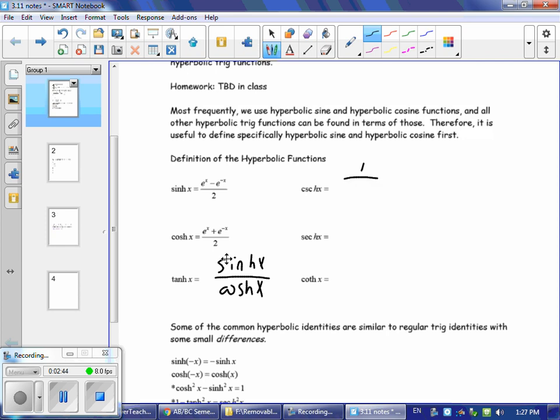I don't know how you pronounce cosecant h of x. Cosech of x? I'm actually guessing because we don't hardly ever use it. A lot of people do pronounce this one "sech," which is 1 over cosh x, and I guess "coth" x. Again, I don't use it, so I'm not really sure.